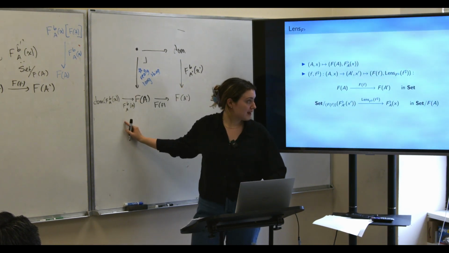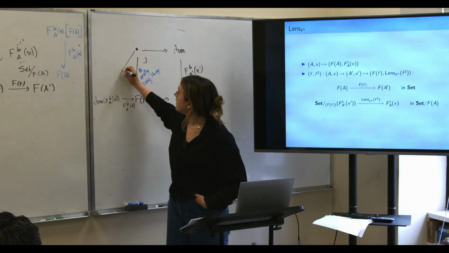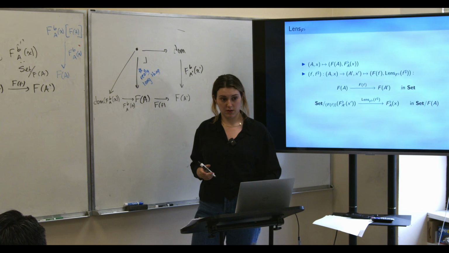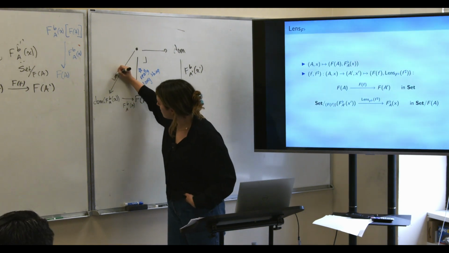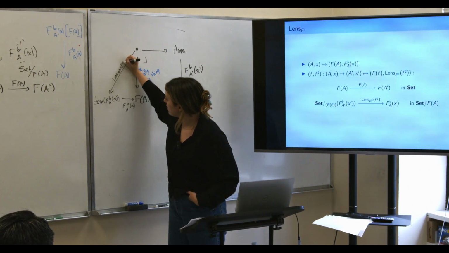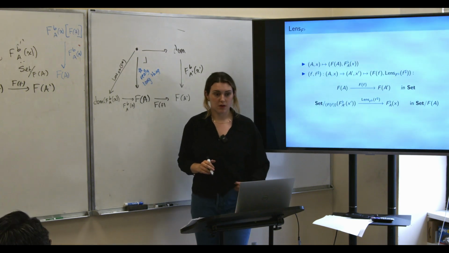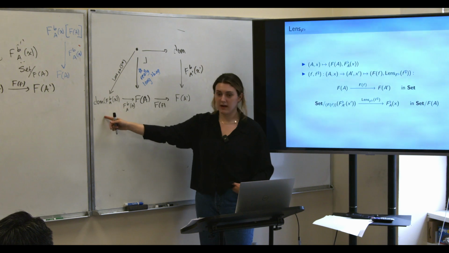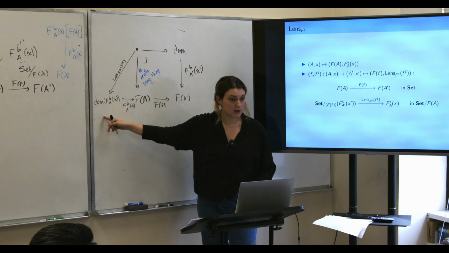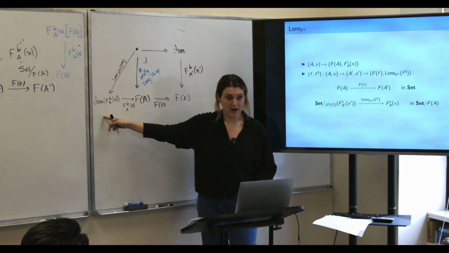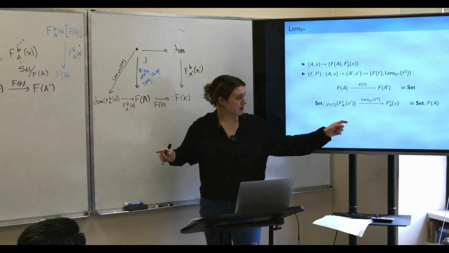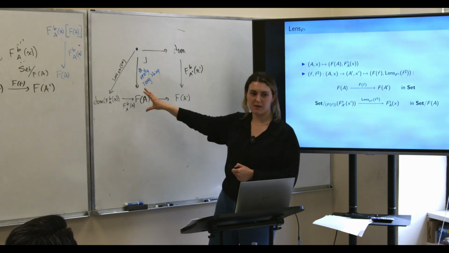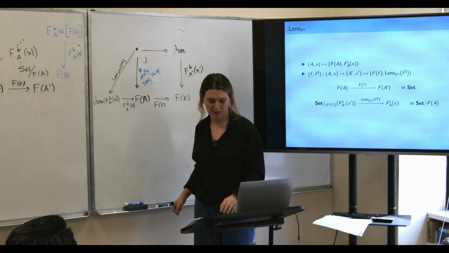And so Lens F flat of f sharp is that arrow that makes that triangle commute. So we pull back, and then we take an arrow in Set sliced over F of A. Okay, any questions about that? Because I think when you see this, it looks kind of hard to know where everything lives, and when you see this, you kind of know where everything lives.